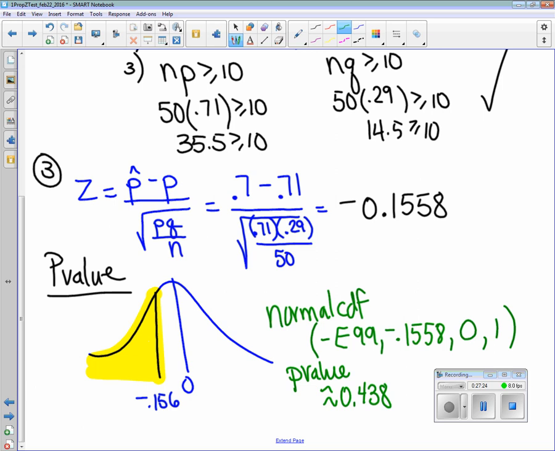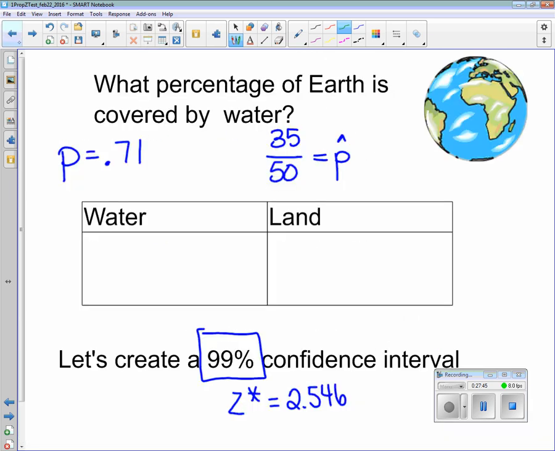Okay. So we have a 44% likely chance that our data is going to be that. We want a small p-value. Is it small? No. How small is small? Well, it has to do with your confidence level. In this problem, when we did our confidence interval last class, what was the percent of confidence that we used? 99%.